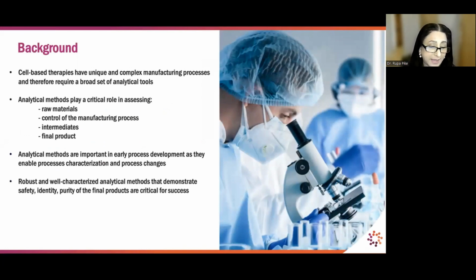Just to set the background, there's no doubt that cell therapies are here to stay, since they offer life-changing treatment options for patients who have no other recourse. As you know, in the hematological malignancy section for the approved products, there are a large number of patients that are relapsed or refractory to traditional medications, and they have seen success with these patients, starting with experimental cell-based therapies.